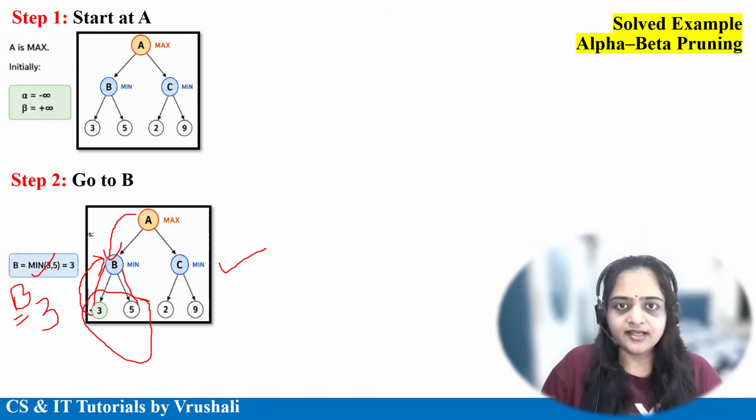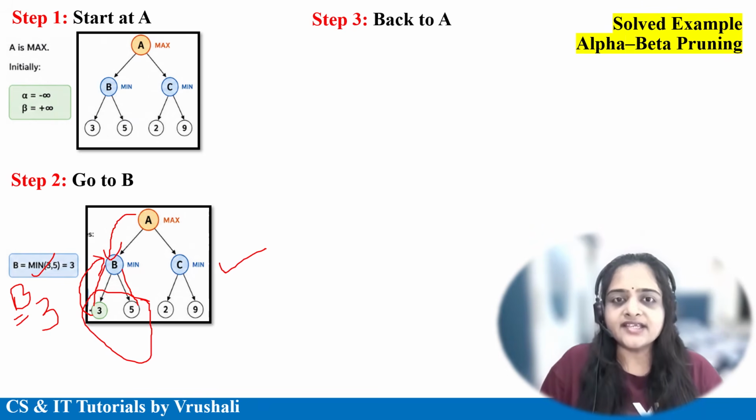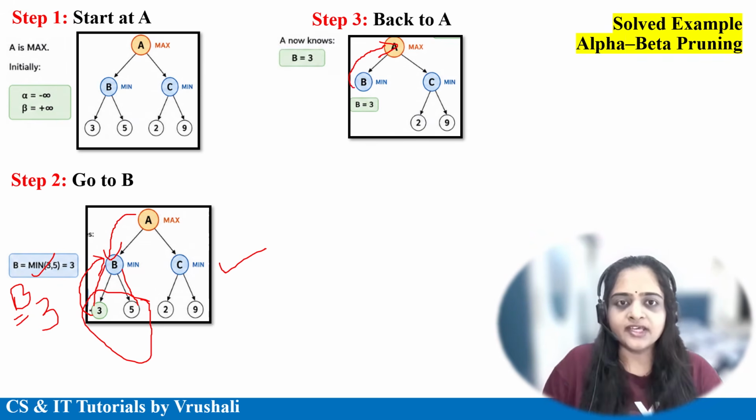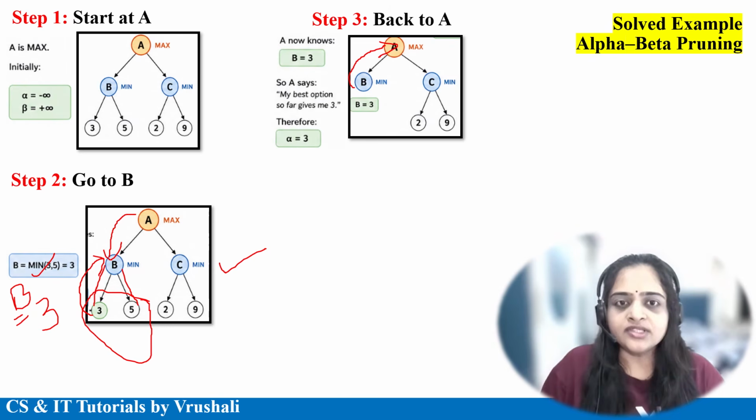Okay, clear? Now the next step is back to A. Back to A basically means you need to send this 3 value towards the root node. Okay. So B equals 3. It means that alpha equals 3. Alpha takes the value of the left subtree, so alpha equals 3 here.